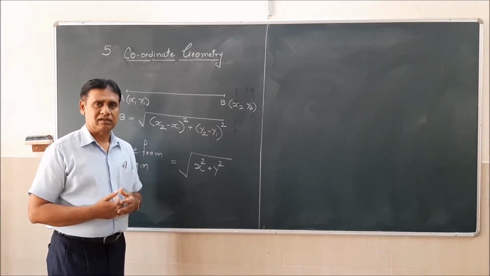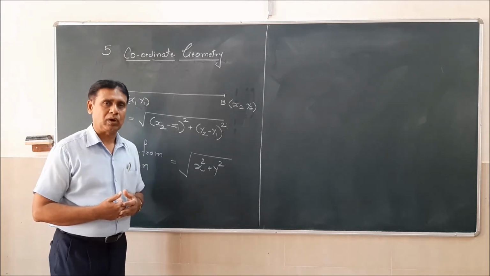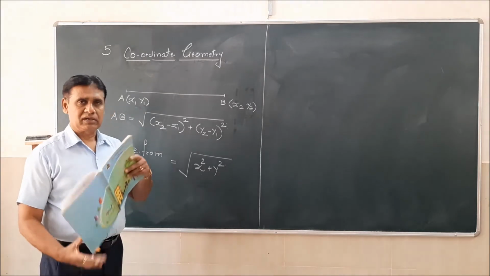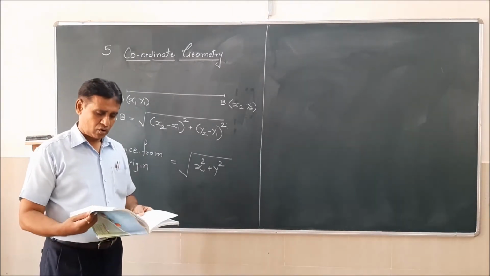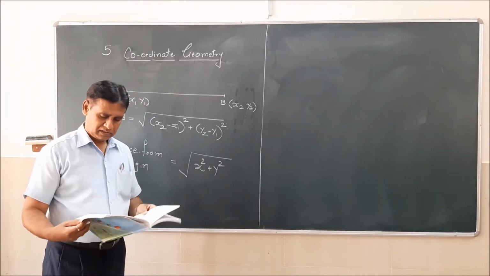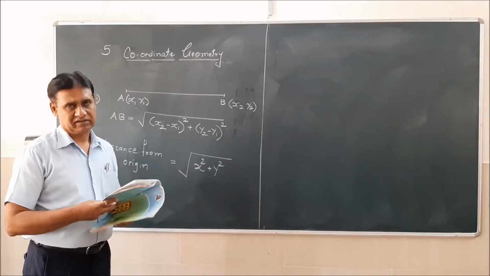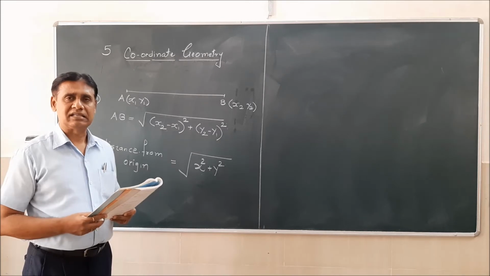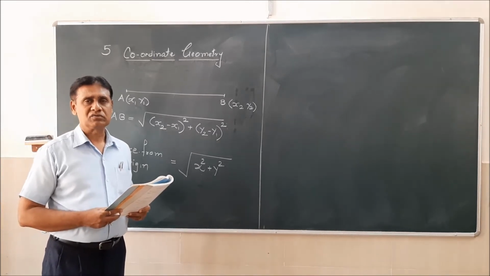So let's start exercise 5.1 now. Exercise 5.1 is on page number 107, so please take out page number 107 and let's see how we are going to solve it.